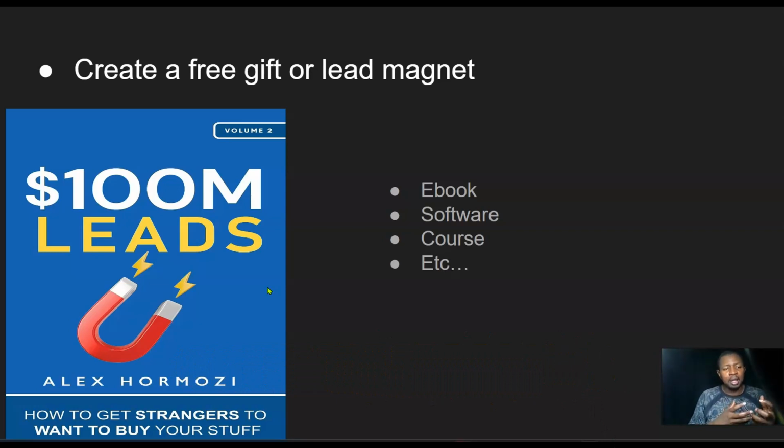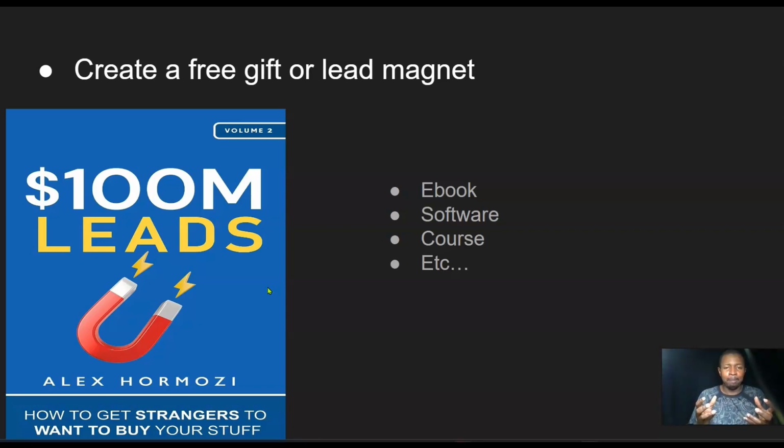Whatever I'm willing to give has to have so much value that it's very difficult for people to refuse, because it's something I could pay a lot of money to grab, and if I have it for free, I'm willing to give away my email address myself, right? That's how powerful a lead magnet has to be.